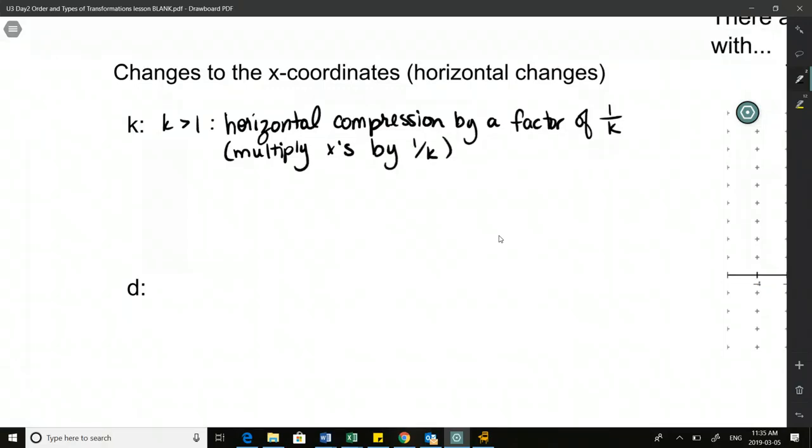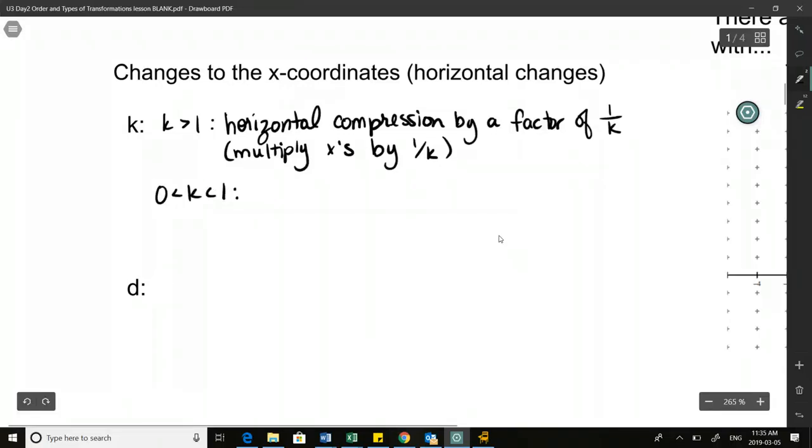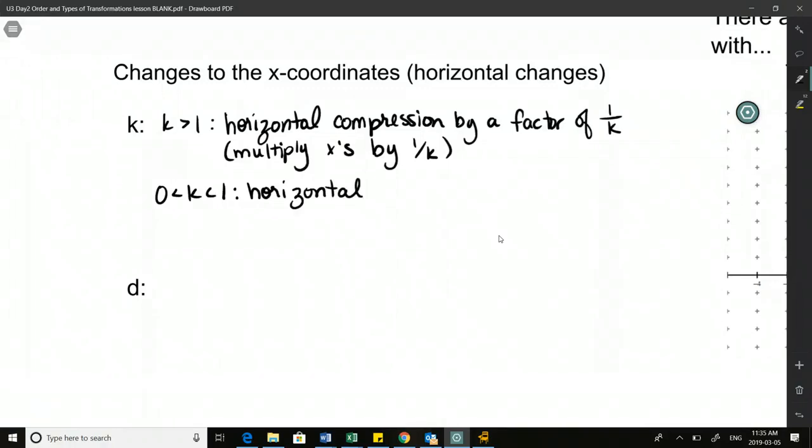We have to remember that for k and d, there's always something we need to do to these before we do our calculations of our points. And if k is between 0 and 1, like a half or 0.5, this is a horizontal stretch by a factor of the reciprocal. So if it's a half, the reciprocal is 2.